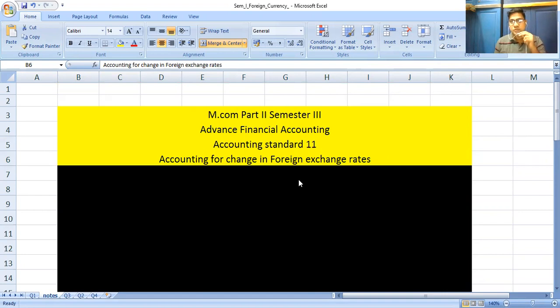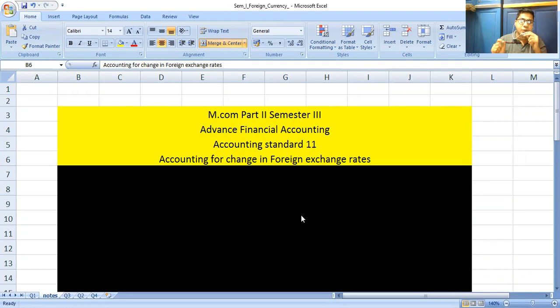Now friends, if you want to buy $1 American dollar, you have to pay 74 rupees. That means if you want to buy $1, you have to pay 74 rupees.